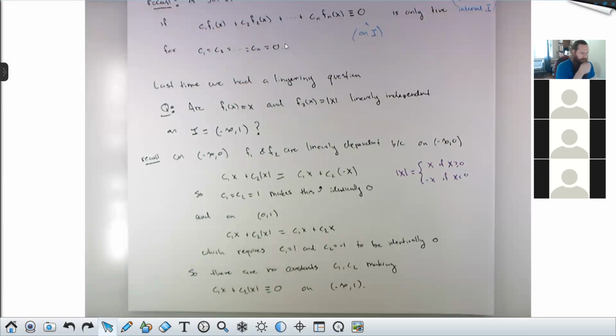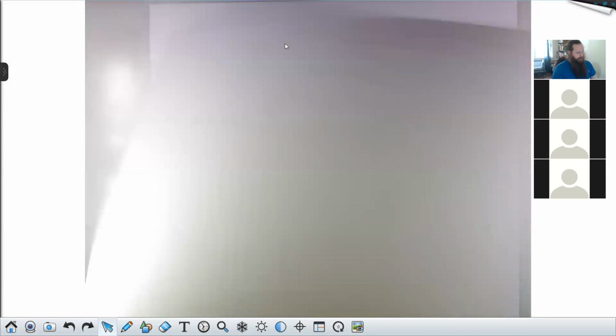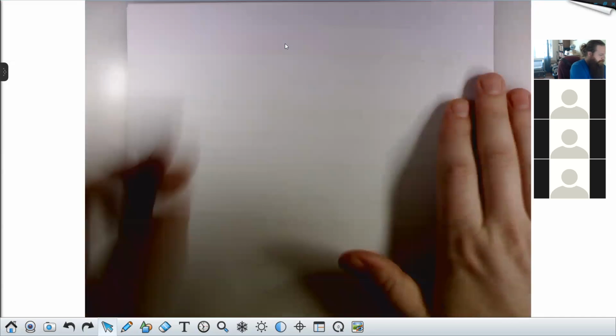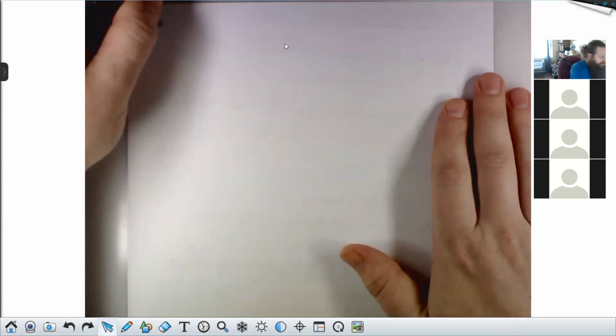So the tool that everybody learns in differential equations for this is called the Wronskian. And I warned you last time that this involves calculating determinants of matrices. So as a preliminary to this, let me remind you how to calculate determinants of matrices. And then I will show you the Wronskian. So again, recall.